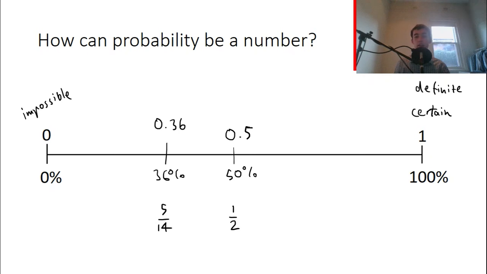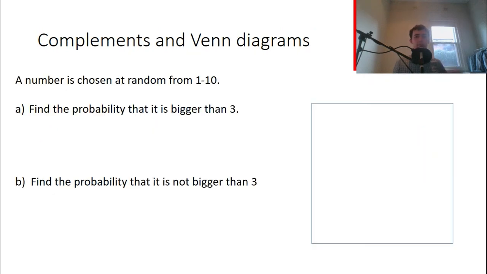Okay, let's move on. So now for the majority of this video, I want to talk about Venn diagrams. We'll also briefly talk about this idea of complements. So by the end of this video, hopefully you can solve problems by writing the sample space on a Venn diagram or using Venn diagrams.